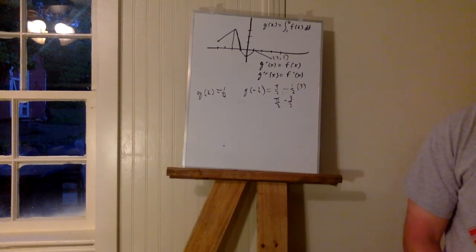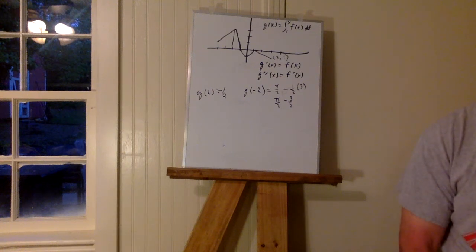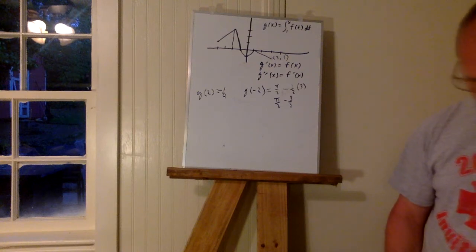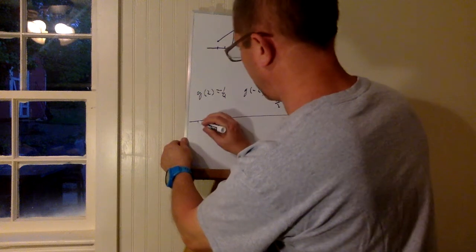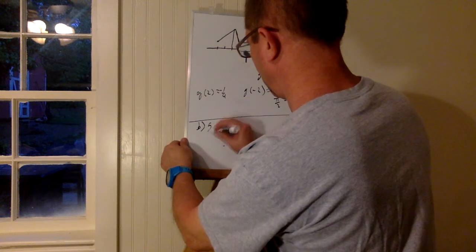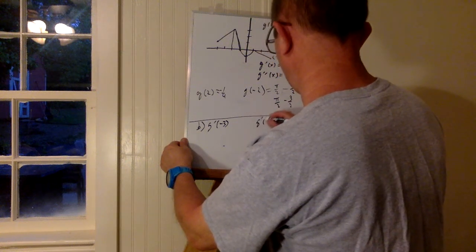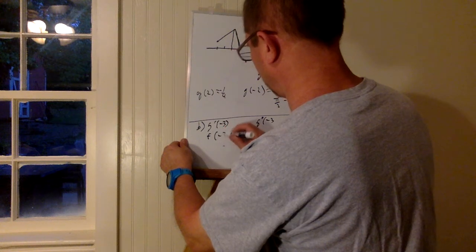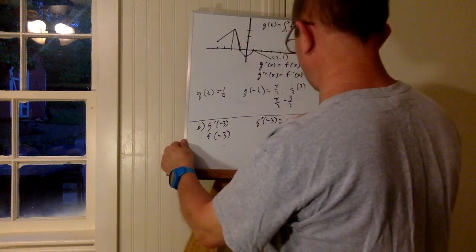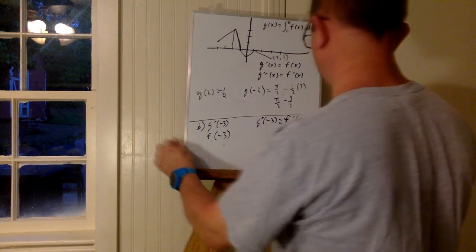Part B asks for g of negative 3, g prime of negative 3, and g double prime of negative 3. Well, we know that g prime of negative 3 is f of negative 3, and g double prime is the same thing as f prime of negative 3.